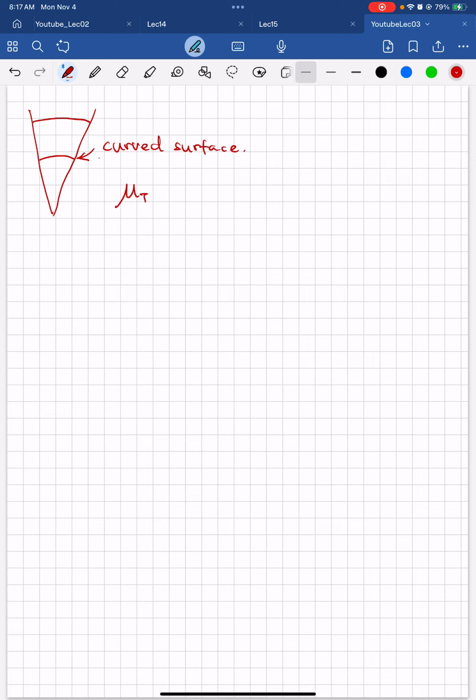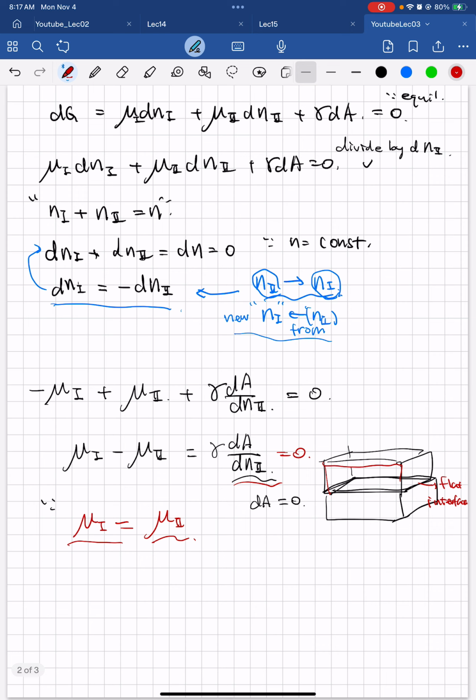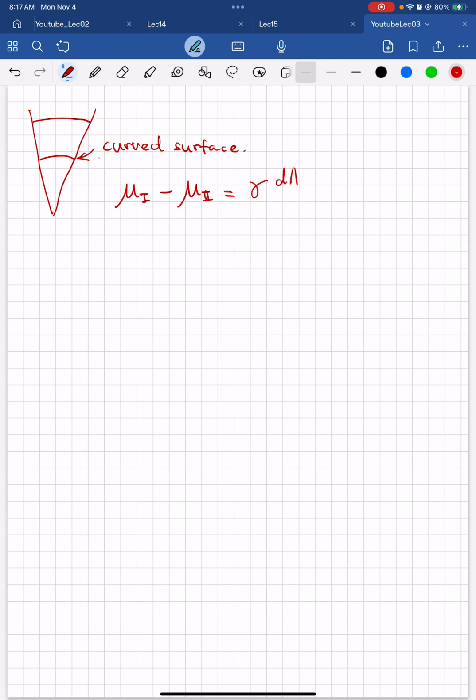Then you can also get from this equation gamma dA divided by dn2. Then obviously you just have to modify here, right? Because everything else is the same from this equation, mu 1 dn1 plus gamma dA. Okay, everything else is the same. You just have to modify here.